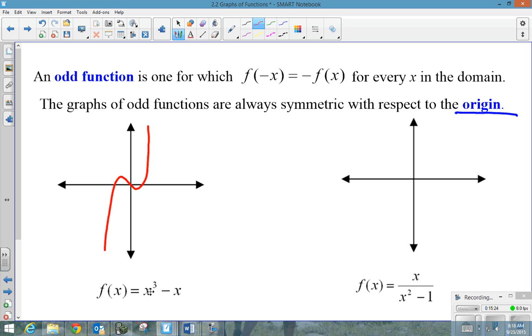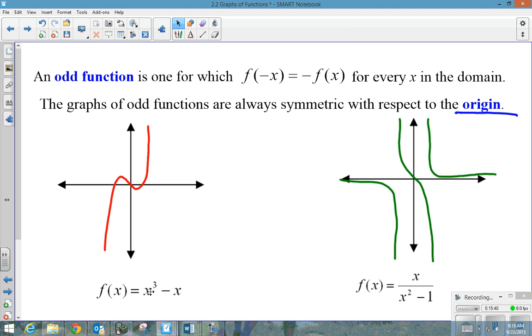And then this one had asymptotes here and there, and something like that. All right, so those are our odd functions if you had that symmetry about the origin.